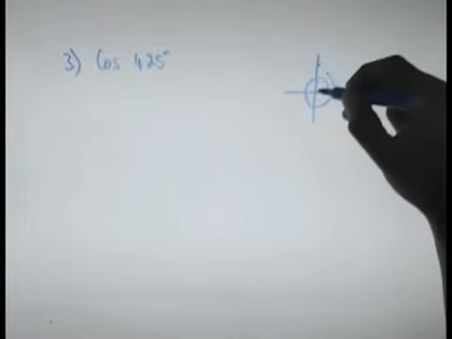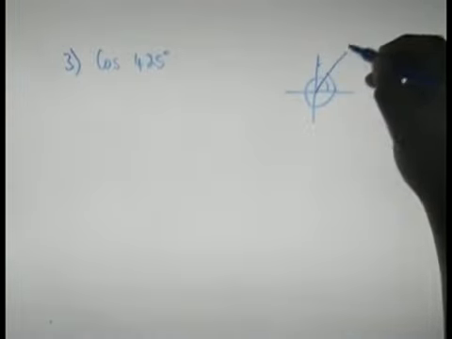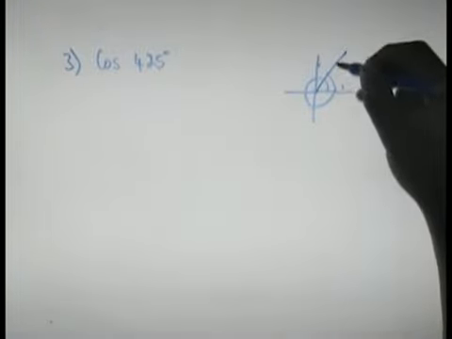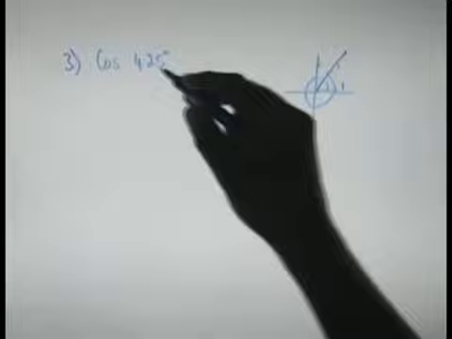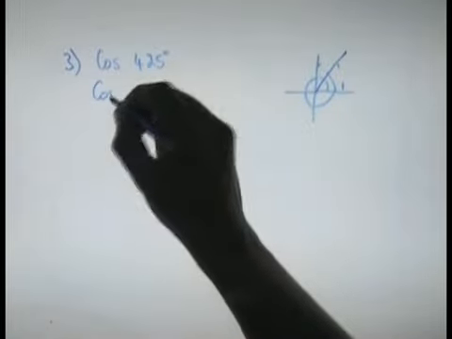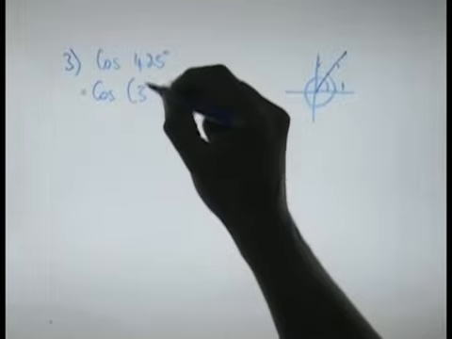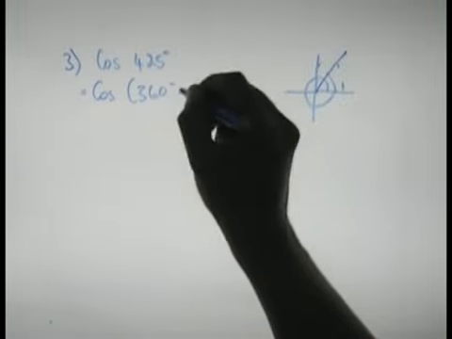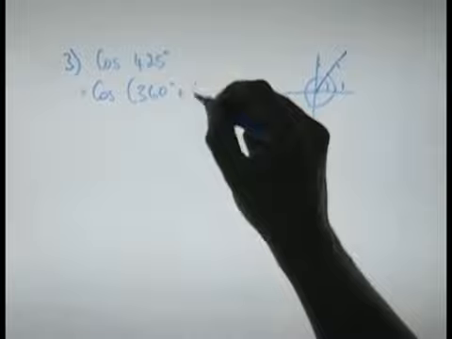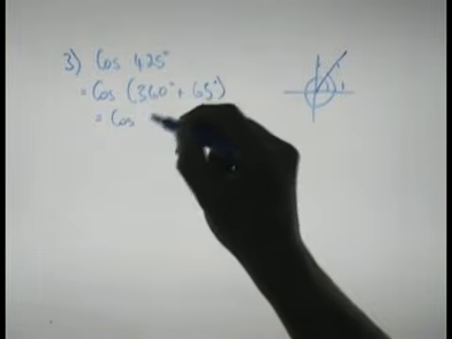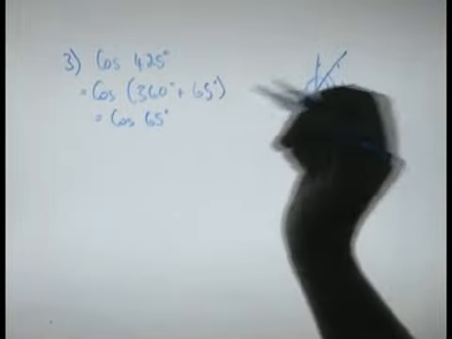So it's 25 degrees less than that, which means that it's 65 degrees greater than 360. So cos of 425 is the same as cos of 360 degrees plus 65 degrees, which is equal to positive cos 65 degrees.